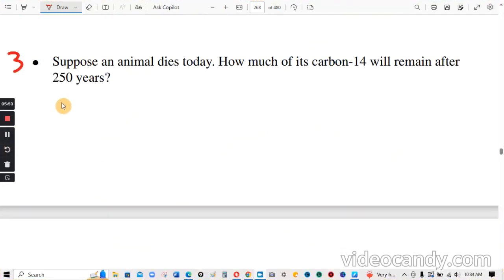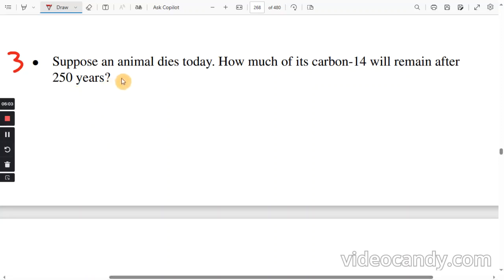All right, last one. Suppose an animal dies today. How much of its carbon-14 will remain after 250 years? So, of course, 250 years is going to be the value for t. All right, the decay rate for carbon-14 that we've been using, that is 0.00012, and that is per year.